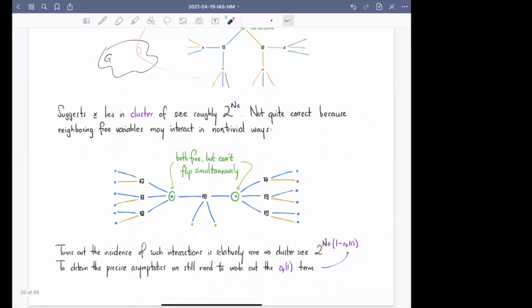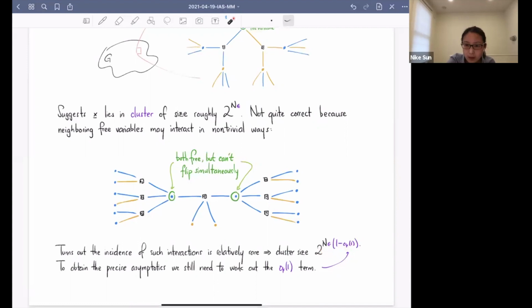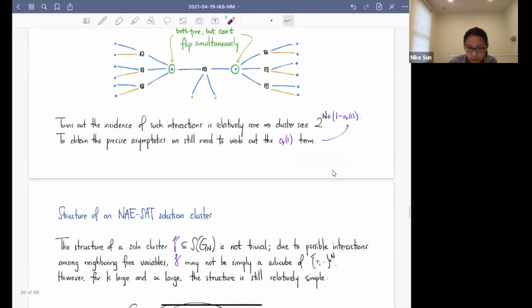However, if we want to know the precise asymptotics of the model, we do still need to work out what is this little order one term. So for this, we have to understand a little bit more about the structure inside of a solution cluster.